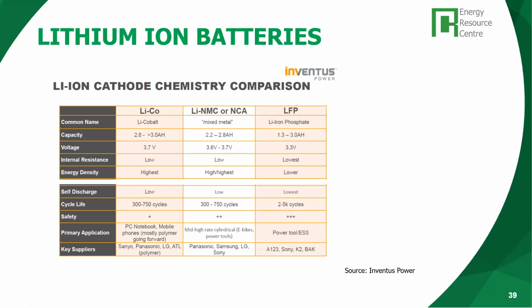Compare that to the 500, 1,000, up to 2,000 if we are lucky, cycles that we find in a lead-acid battery. And in terms of safety, they are the safest of them all. This is why LFP batteries, ferrophosphate lithium-ion batteries, are the most widely found in the solar market.